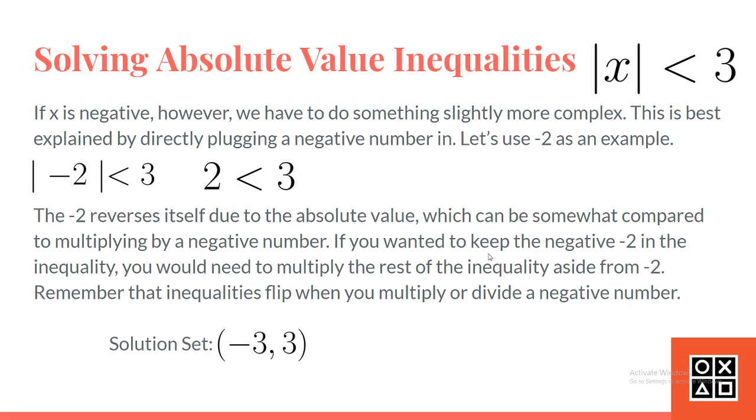If you wanted to keep the negative 2 in the inequality, you would need to multiply the rest of the inequality aside from negative 2. Remember that inequalities flip when you multiply or divide by a negative number.